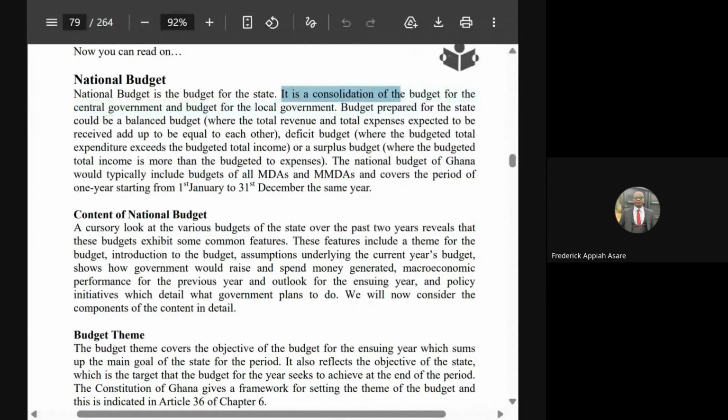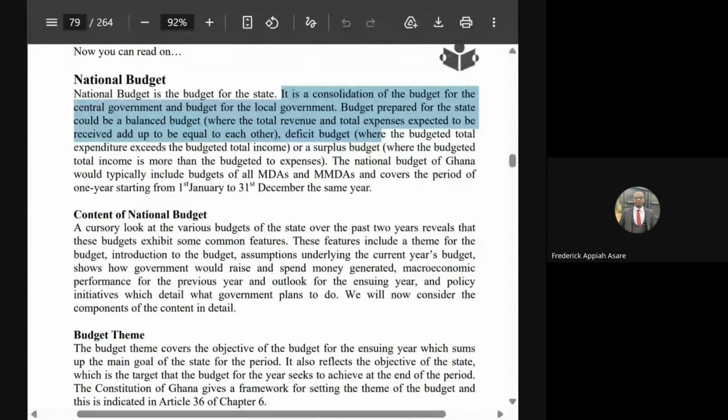So the national budget is a consolidation of the budgets for the central government and the budget for the local government. Budgets prepared for the state could be balanced or deficit budgets. Balanced budget is where you compare your revenue to expenditure. There is no difference.